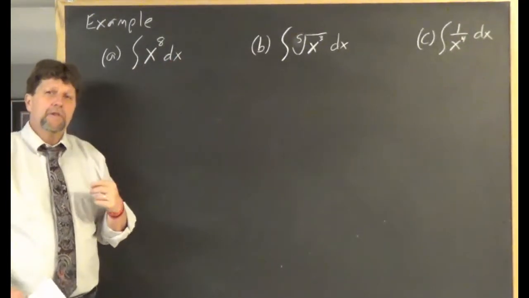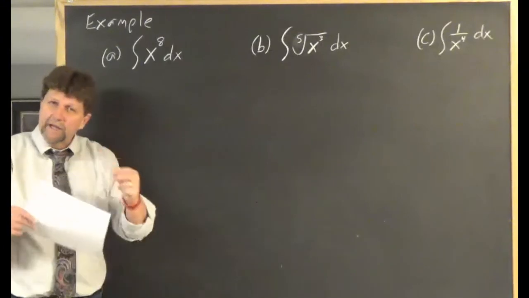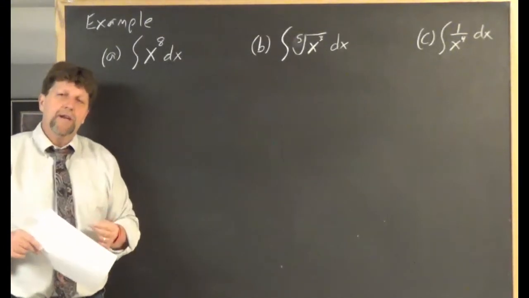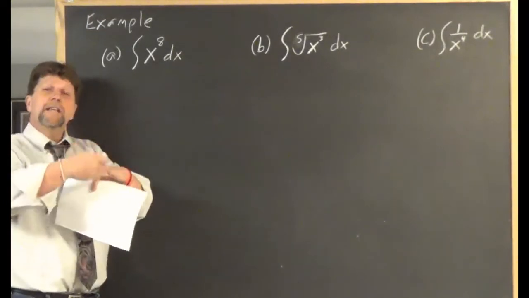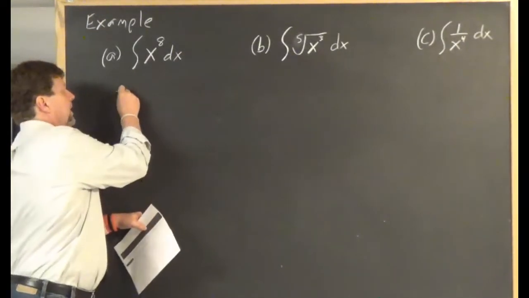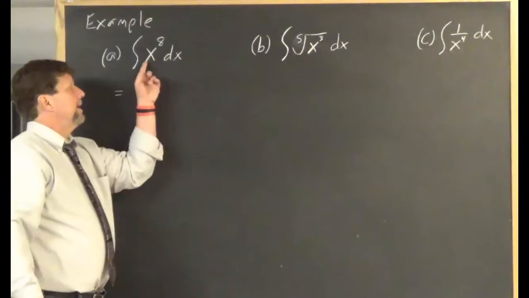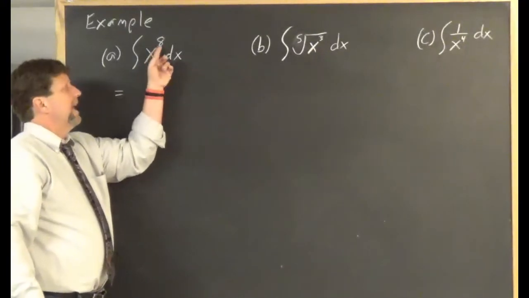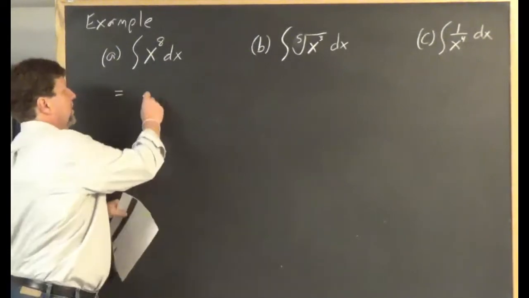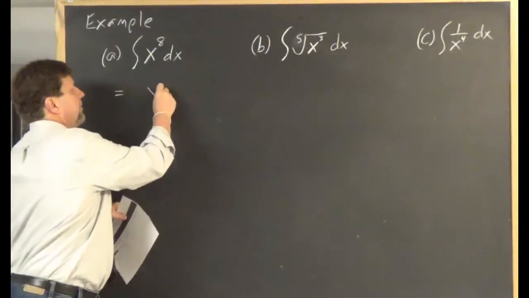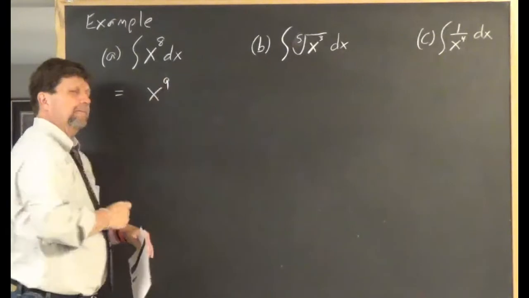So here's how I use the power rule. Remember, integration is the inverse operation of differentiation. So with the power rule, because it's the inverse operation, the first thing I have to do is add 1 to the exponent. So when I add 1 to the exponent, I get x to the 9th.